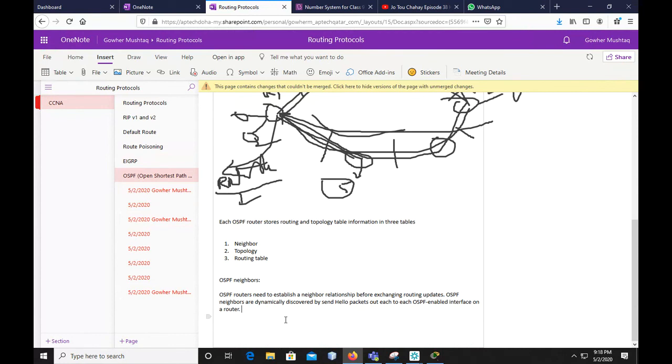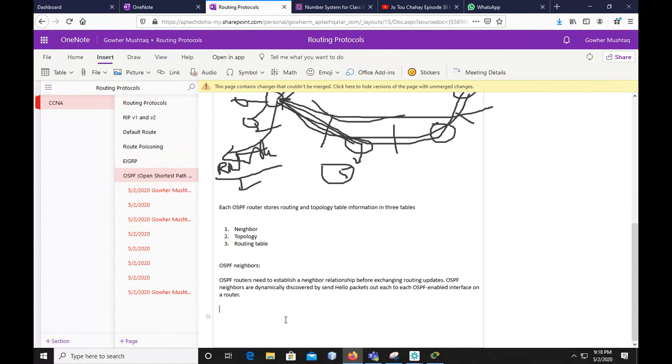This is how neighbor relationships will be formed. Basically, OSPF sends hello packets, same as EIGRP. The only difference is how the neighbor relationship is formed between two routers, or between three routers, or between all the routers in the network.